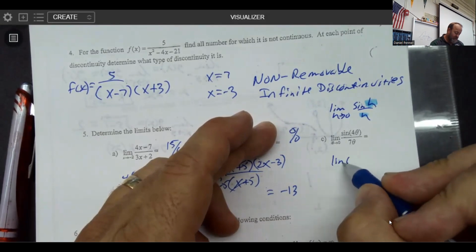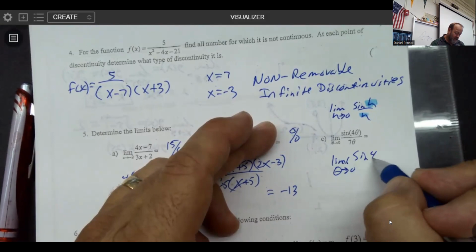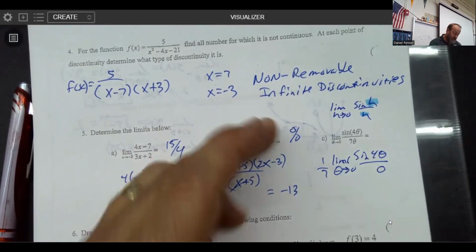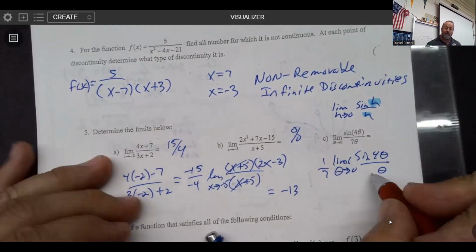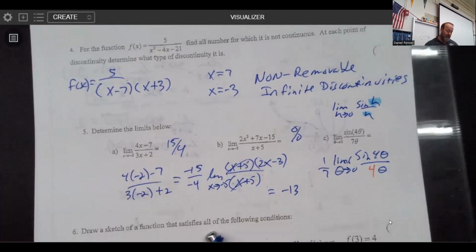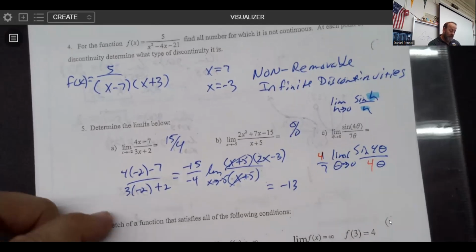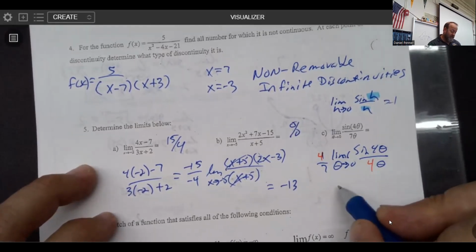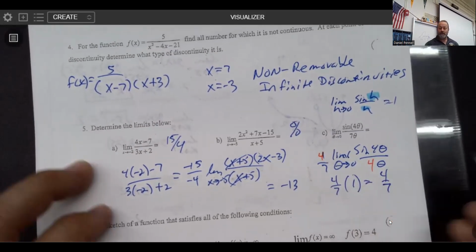So if we take the limit as theta goes to 0 of the sine of 4 theta over 7 theta, notice what we can do is it still is the same problem that I had, but I really need a 4 to go alongside with that, and therefore I'm going to put a 4 in the numerator. Remember, we know that this limit is 1, therefore I get 4/7 times 1, which of course is 4/7.